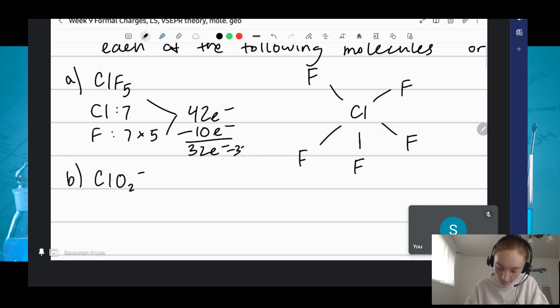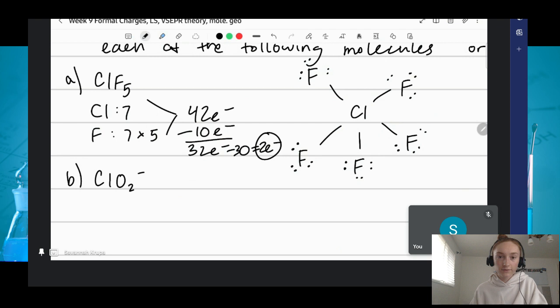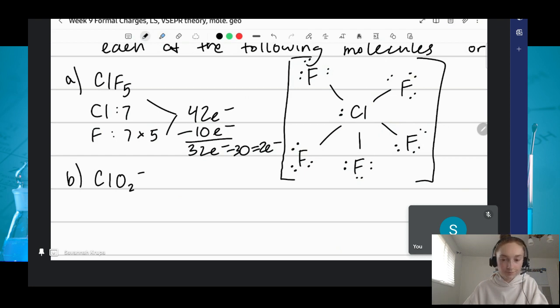So if you minus 30, it will have 2 valence electrons left over. So let's write down all of those 30 valence electrons. There we go. And so since there is 2 left over, like I said about chlorine, it can hold 12. So we'll add that lone pair to chlorine here.